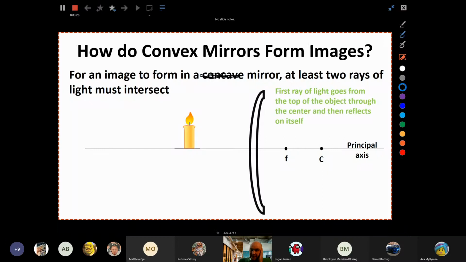Okay, so let's do our two rays. So our first ray of light goes through, and this is exactly the same as the other day. This has not changed. So the first ray of light goes through the top of the object and through the center point. So essentially, you guys want to line it up like that, but do a better job of it. Now, our ray is hitting the mirror. Now, what's going to happen is it's going to actually bounce back on itself. What we're interested in is the line that dots into the mirror universe.